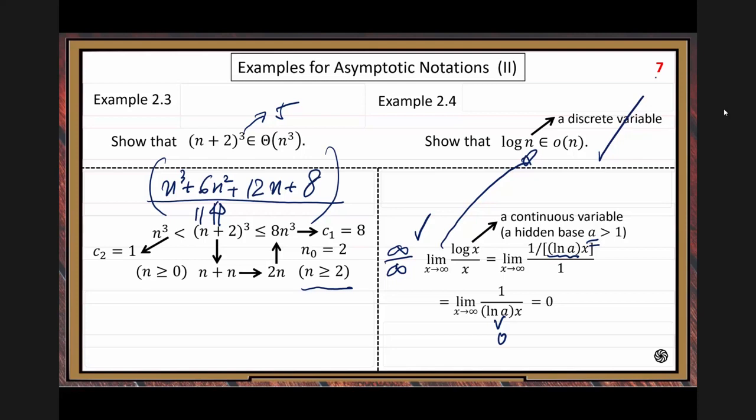If you like, you can write one more intermediate step, log n over n. From our continuous version we get 0. So that tells us log of n belongs to little o of n.